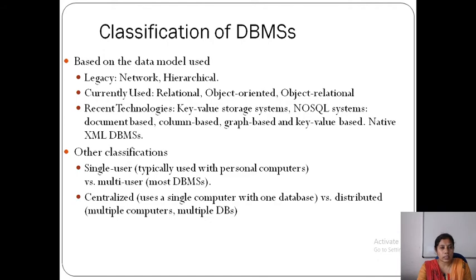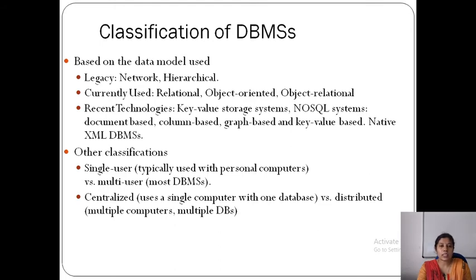Then the currently used data models are relational, object oriented, and object relational models. And recently we are using new technologies for big data processing, like key value storage systems, NoSQL systems, then XML based systems.